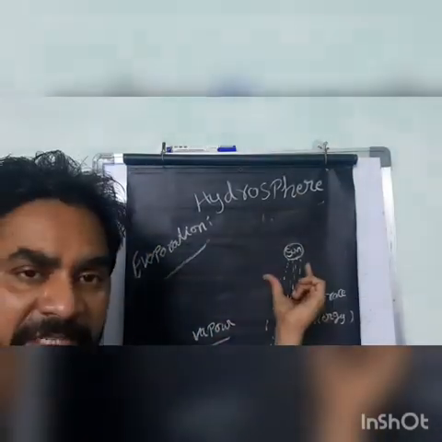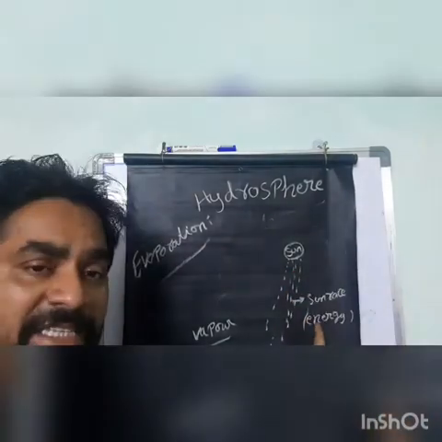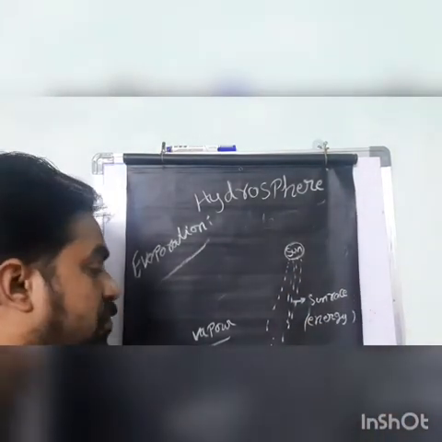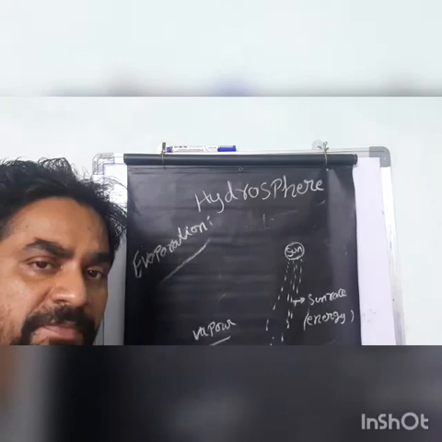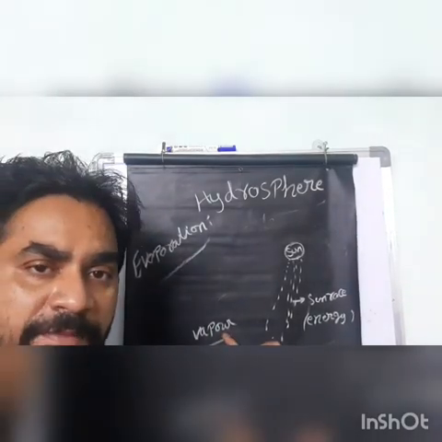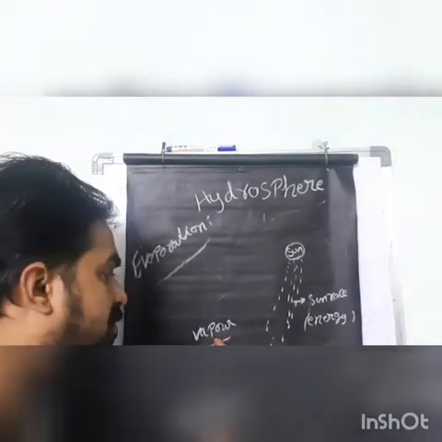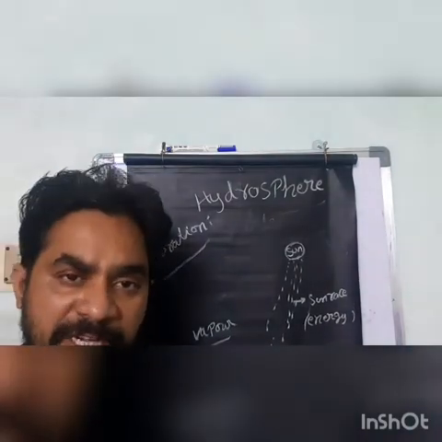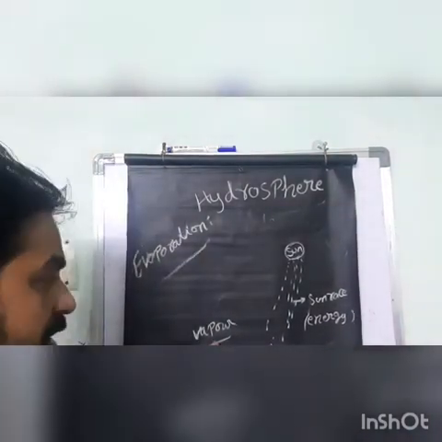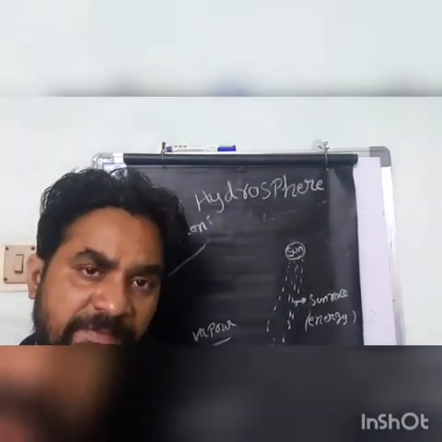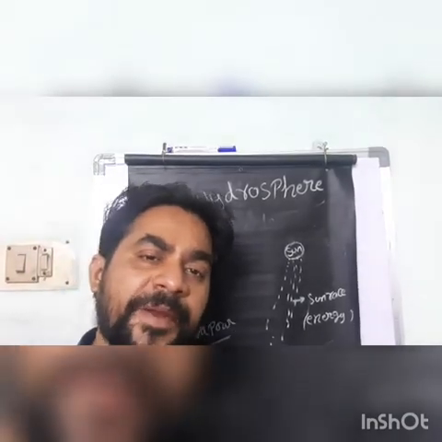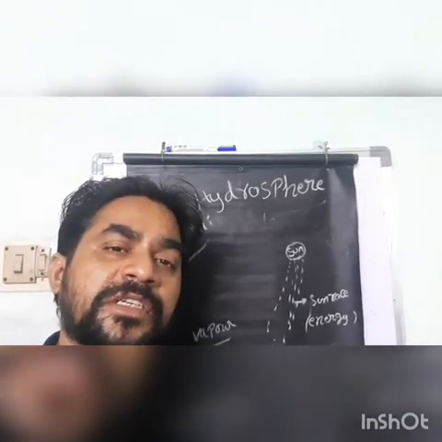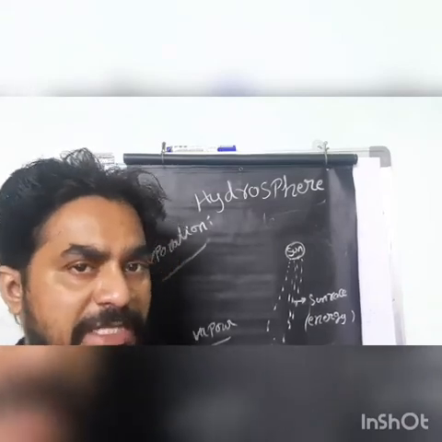Because of sunlight, which is the sun's energy, this water is changed into vapor, and this vapor is joining into the atmosphere. So that is called evaporation. The simple meaning is that converting water into vapor is called evaporation.